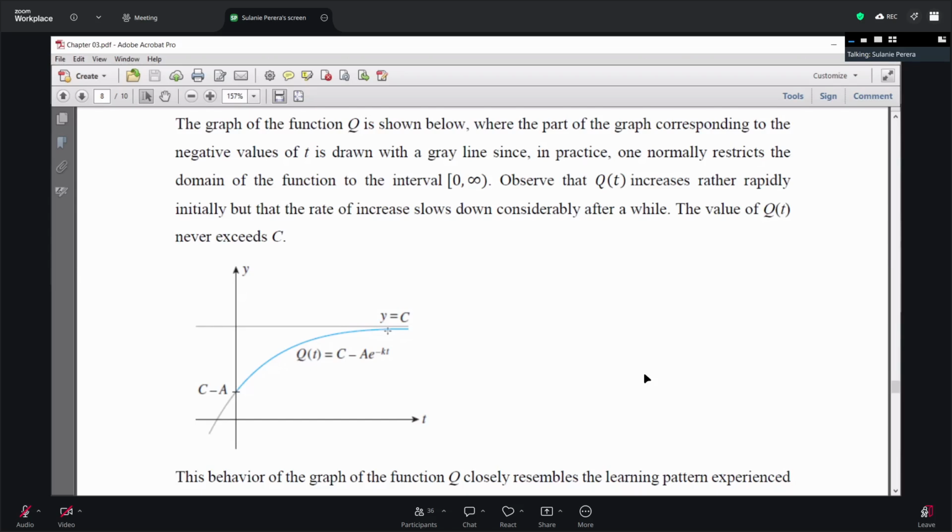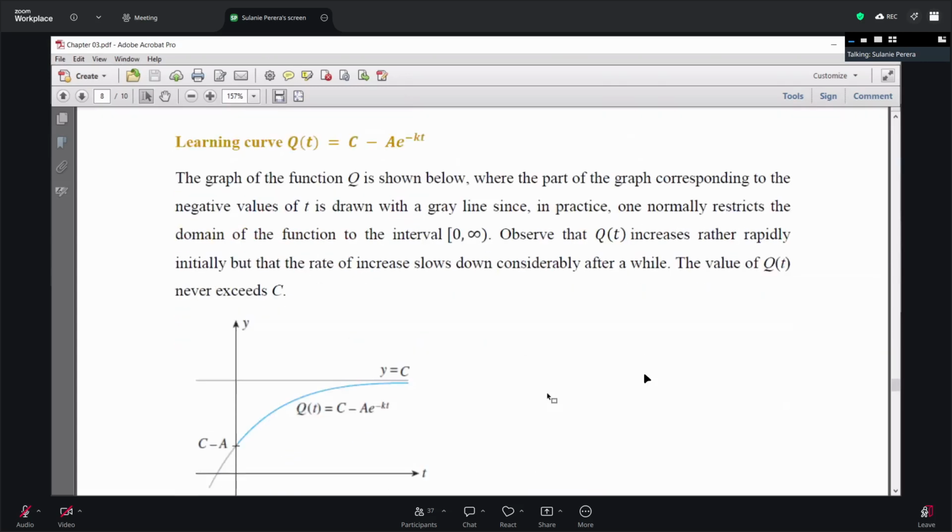We can see from this graph that Q(t) is some quantity. This quantity increases rather rapidly initially, but after some time, the rate of increase slows down. And the value never exceeds y equals C. So this learning curve is given by the equation C minus a e to the power minus kt.